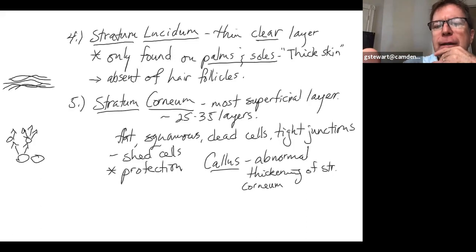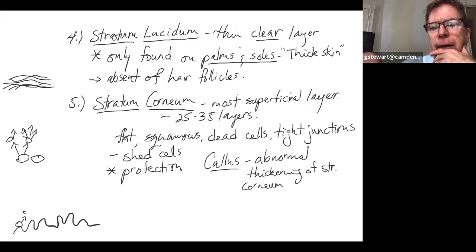Now, this process, I'm going to draw my little layer here, stratum basal layer. Here's a stem cell giving rise to new cells, and they rise up, they flatten, as they reach the granulosum, they die, and they just keep accumulating more and more keratin and becoming tougher and harder and more cornified.